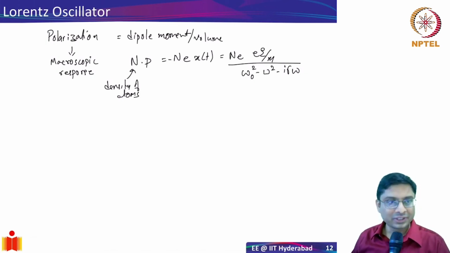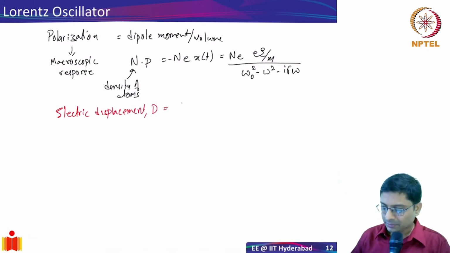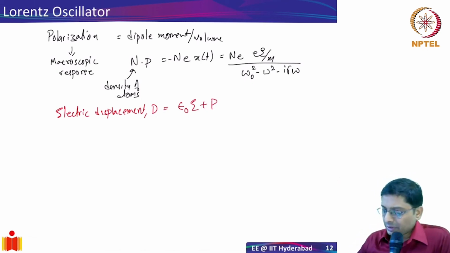If you remember from the first week, we said electric displacement D is simply epsilon naught times the electric field plus polarization. And that we wrote as epsilon naught, epsilon relative times the electric field.